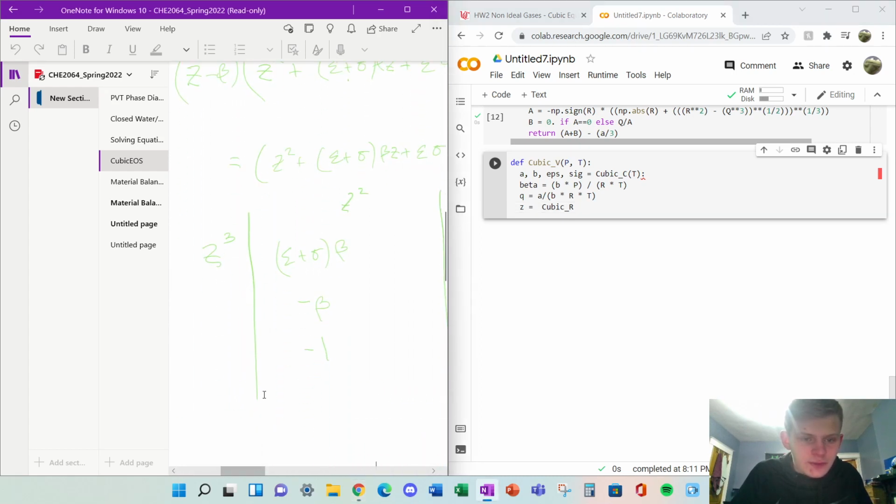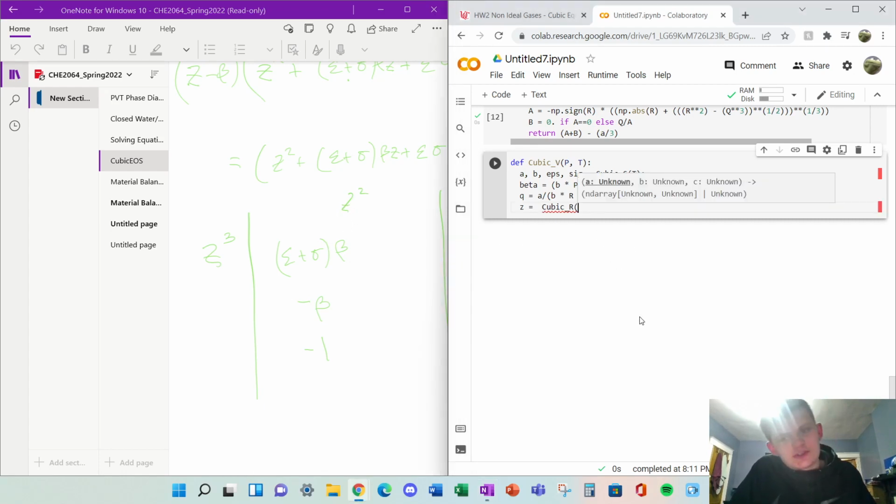And if you can see from here, we have our parameters here. Our Z cubed from our normal cubic equation doesn't have a coefficient or a root that goes along with it. So we're going to immediately start with our Z squared value. So we can then set our Z squared value as such, which will then be our epsilon value plus that sigma value.